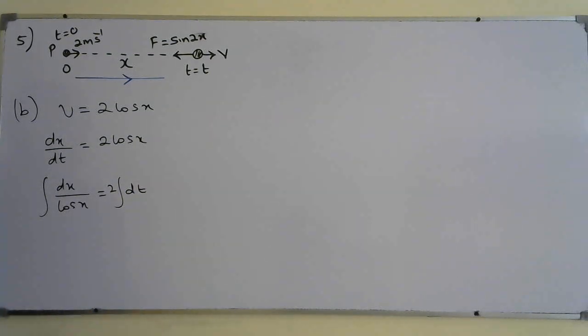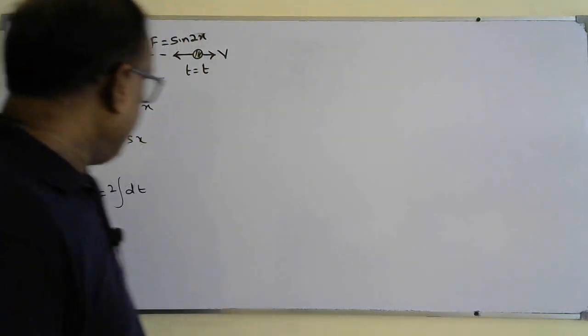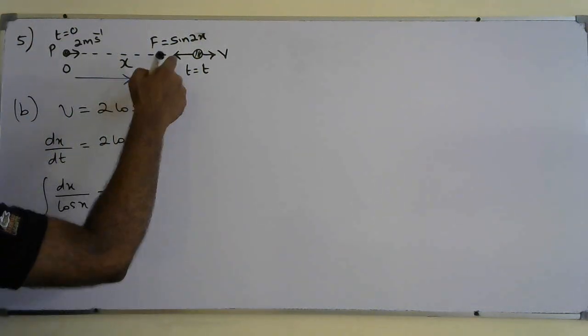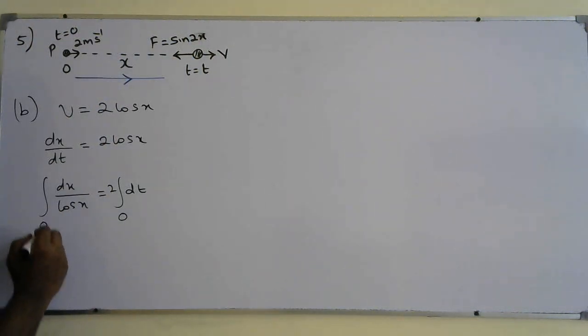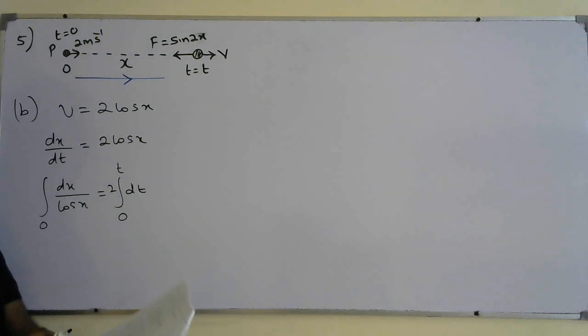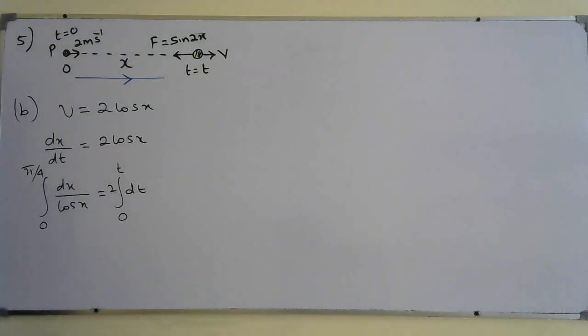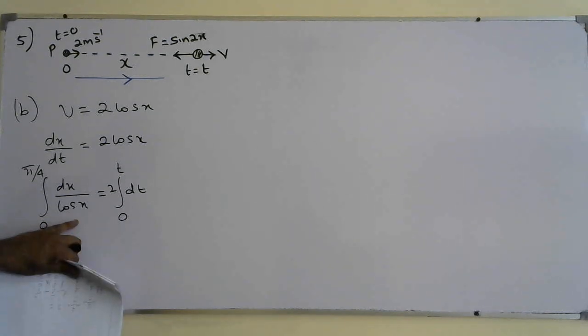Okay, so what would be the limits there? When t equals 0, x is equal to 0. When t equals t, x equals pi by 4. Okay, so how to integrate 1 over cos x?